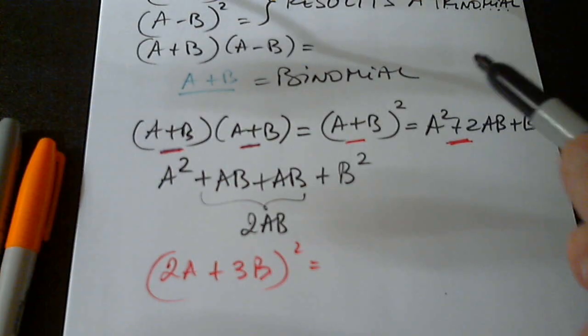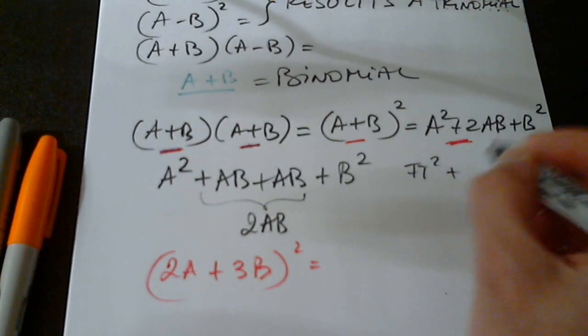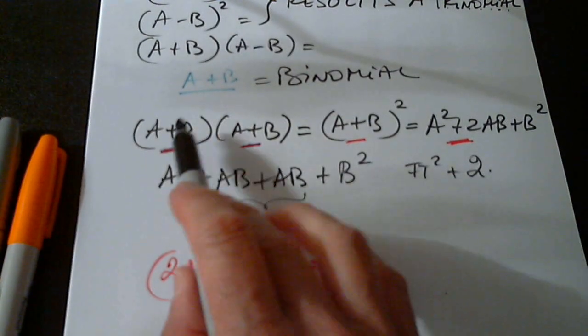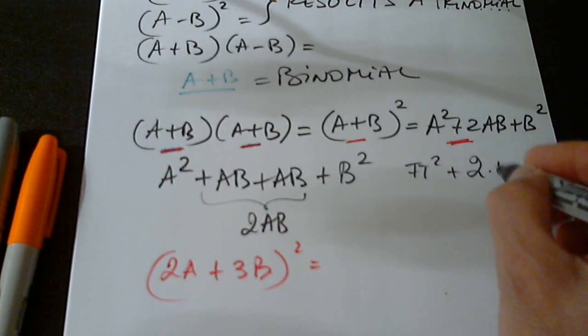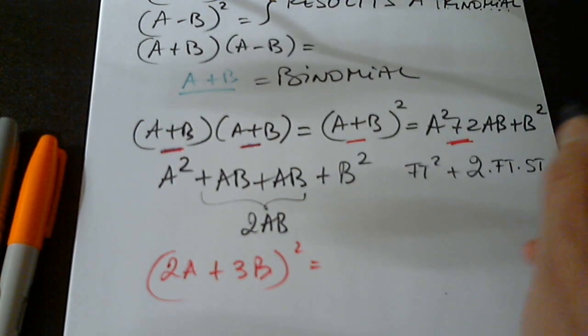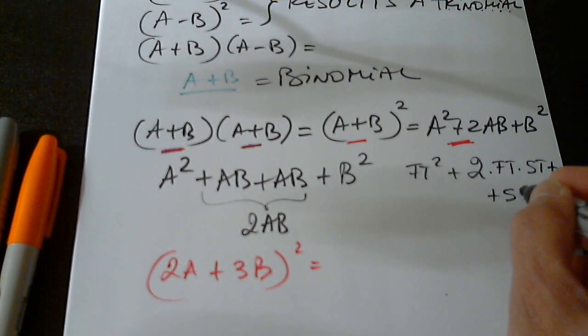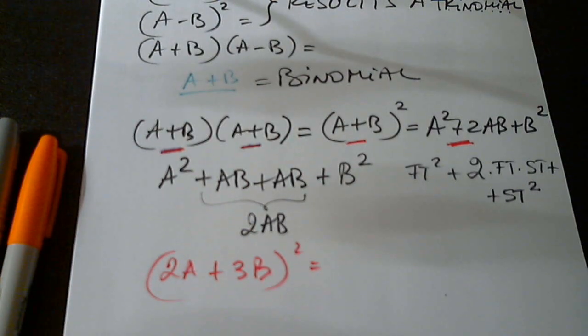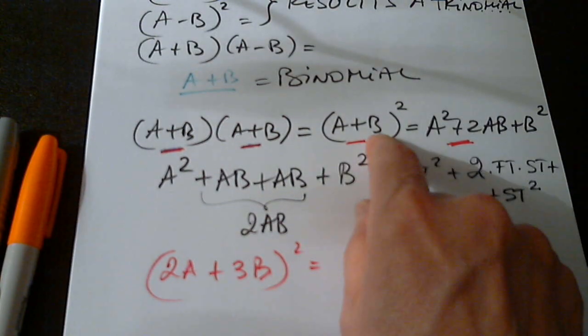So remember, this is the first term squared plus twice times the first term times the second term, plus the second term squared. Is this clear, what I just wrote here? So this is the first term, this is the second term.